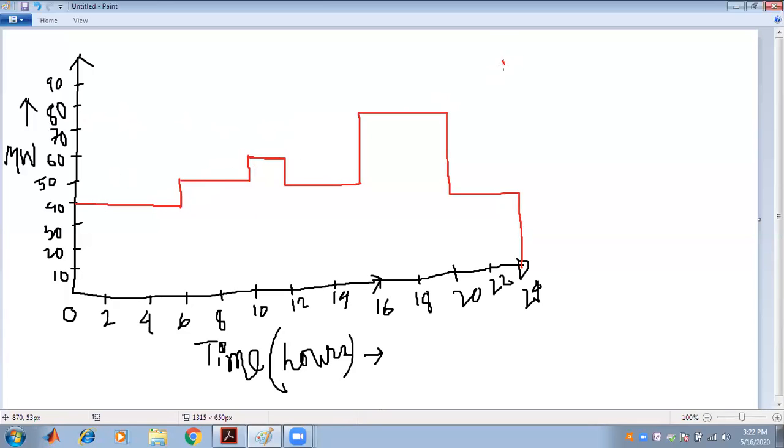So our maximum demand from the load curve is 70 megawatt. We are getting the first answer.